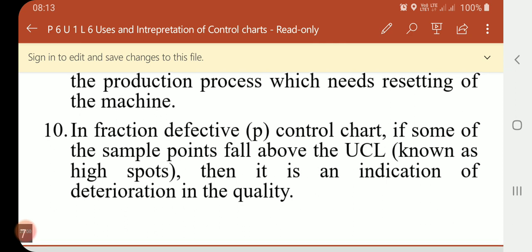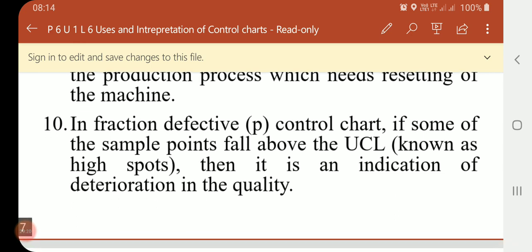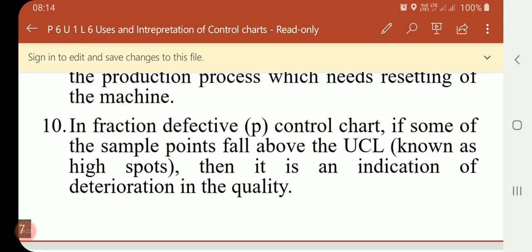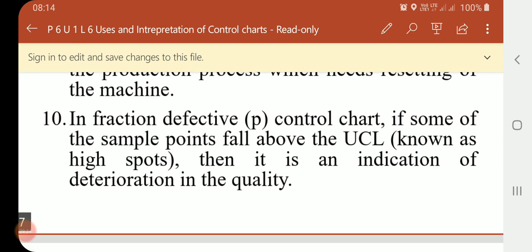Next, the last one. In the fraction defective control chart, P chart, if some of the sample points fall above UCL, known as high spots, then it is an indication of deterioration in the quality.